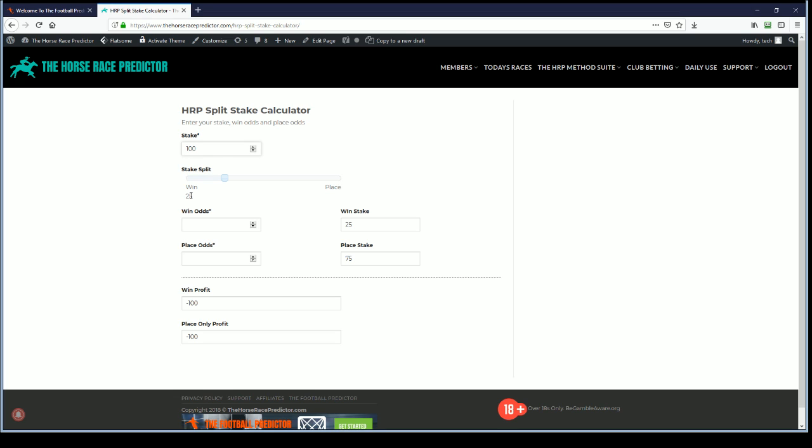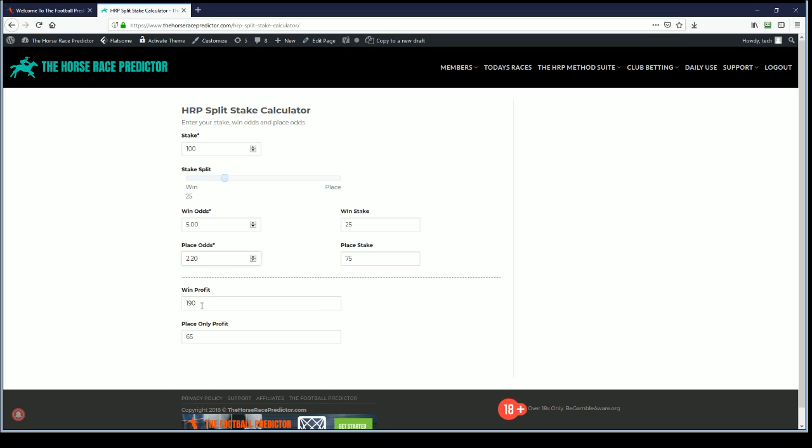So let's see what happens with our £100 stake. Our win odds are 5. Place odds, if there's 3 places, you're going to be looking at about 2.2. Can change, obviously.